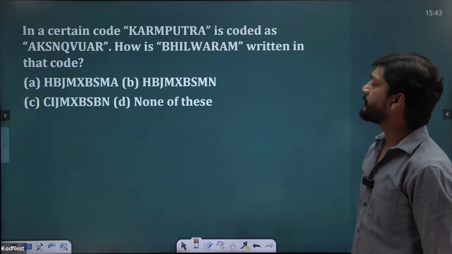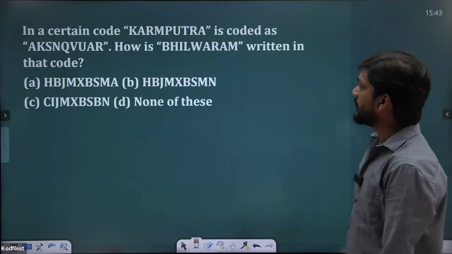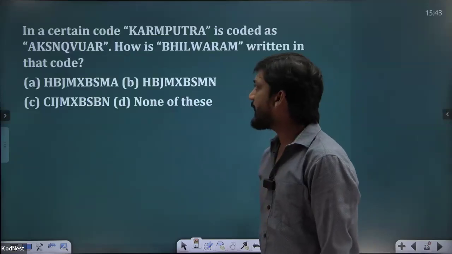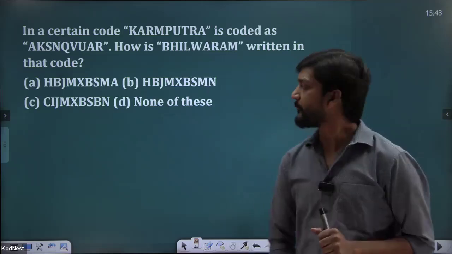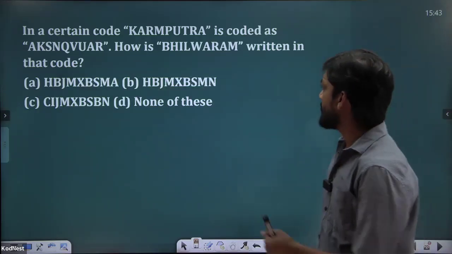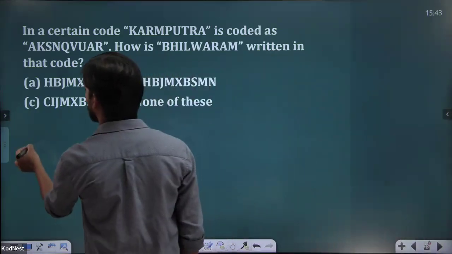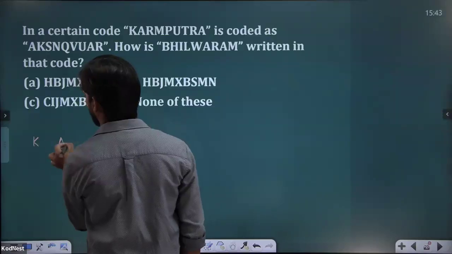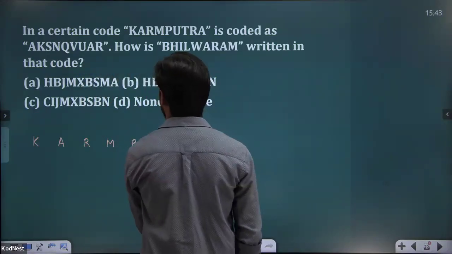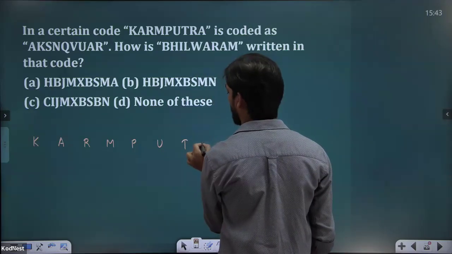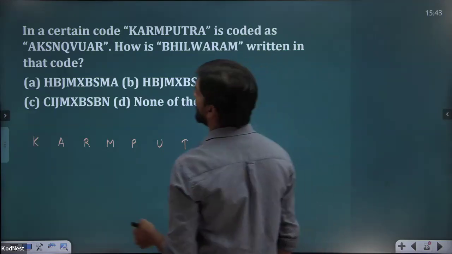So carefully see. Karma Putra is coded as AKSNQ VUAR. Okay. So Bhilvaram is coded as what? Okay.